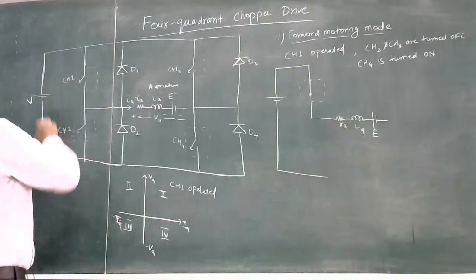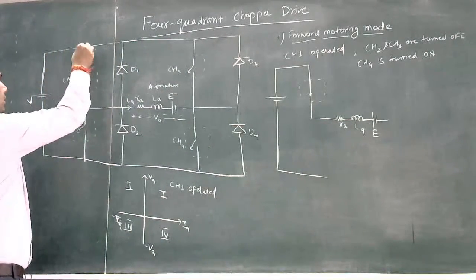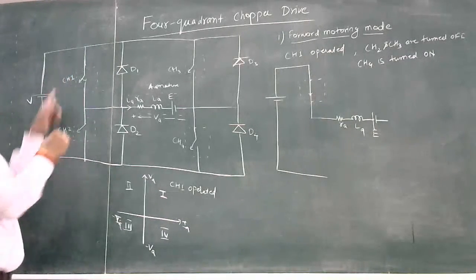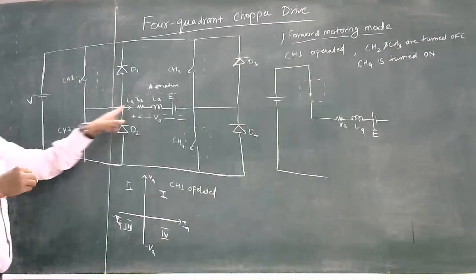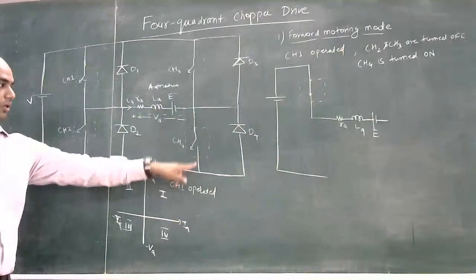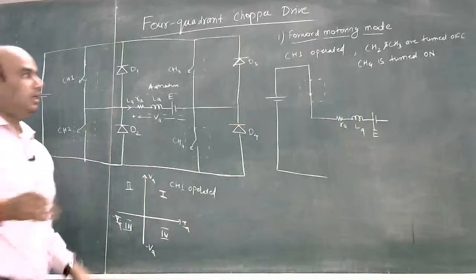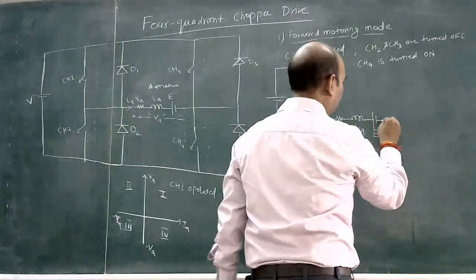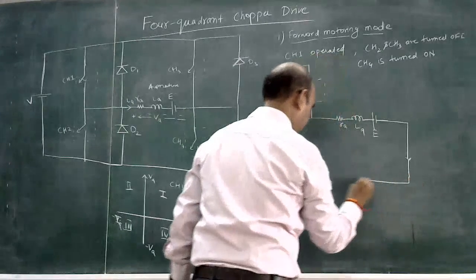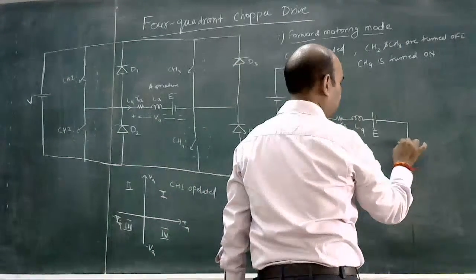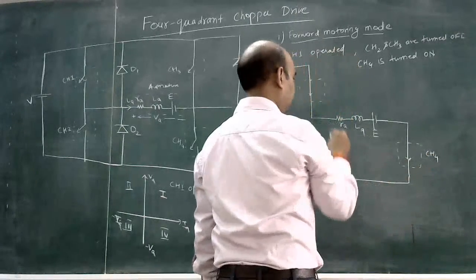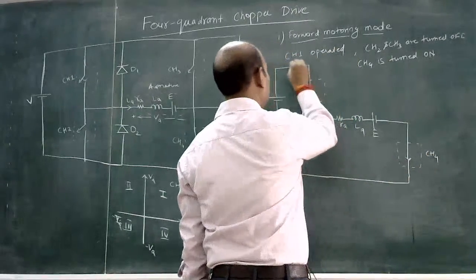So current IA will rise from the source and flow through CH1, which is closed, then go to the armature and come back down with the help of CH4, which is also closed.